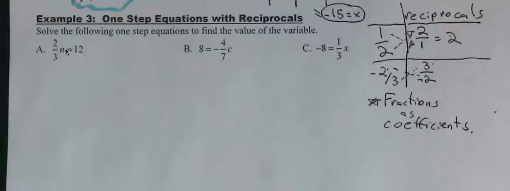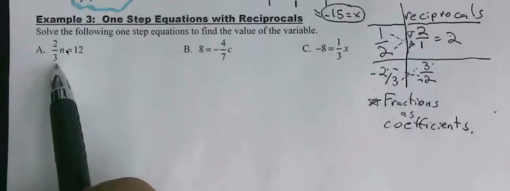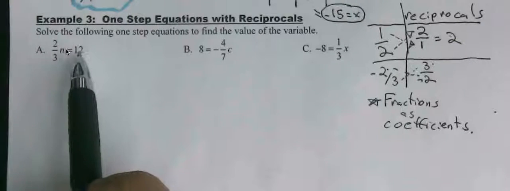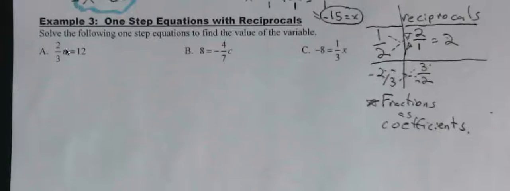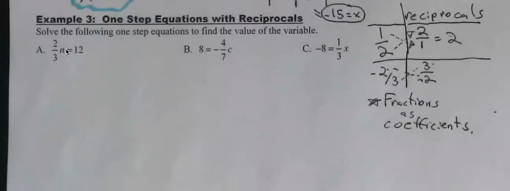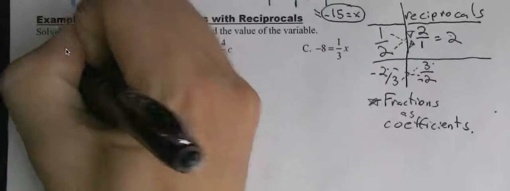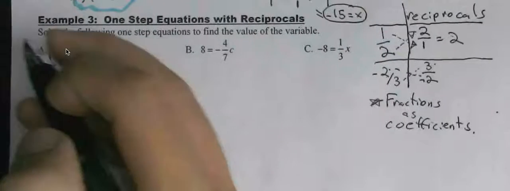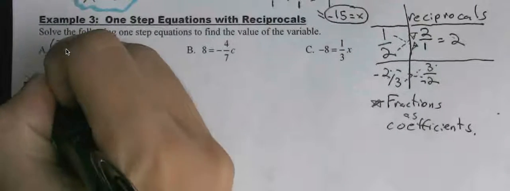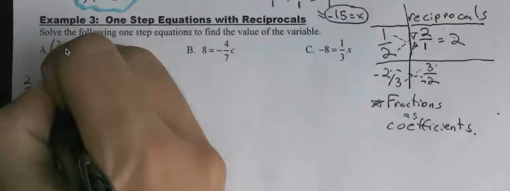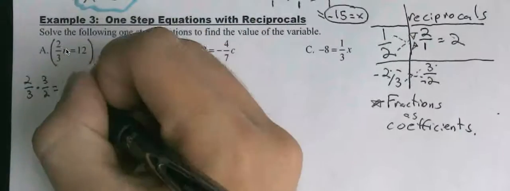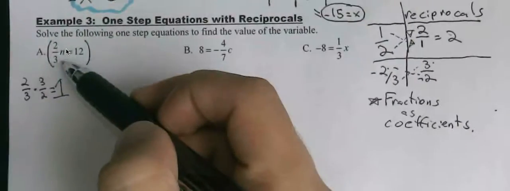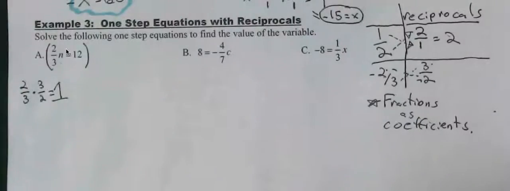It's not an issue. So for 2/3, we're multiplying with n. How could we use the reciprocal to get rid of this? Well, I know that if I multiply 2/3 by its reciprocal, and I'll write this on the side, 2/3 times its reciprocal, 3/2, this just equals 1, which is good because then if your coefficient's 1, you pretty much solve for n, or your variable, whatever it might be.